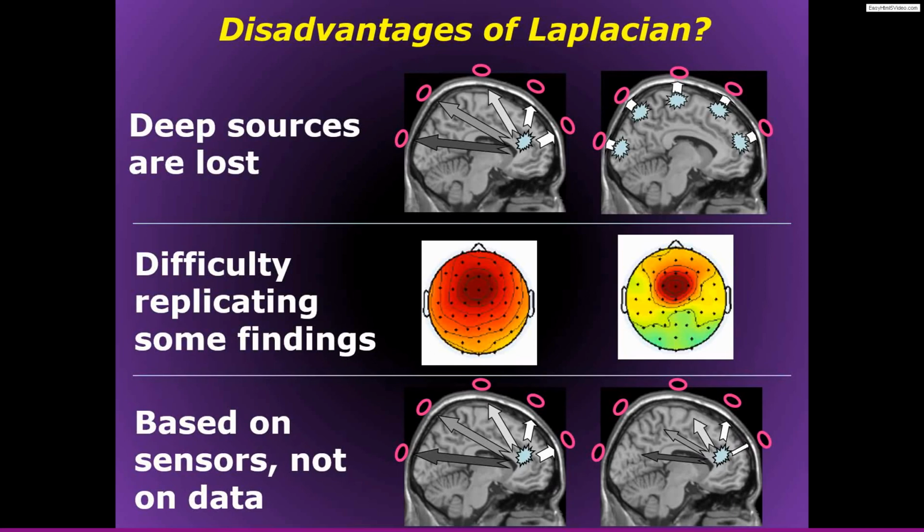Another limitation of the Laplacian is that the algorithm is purely based on the inter-electrode distances. It's not based on the actual data. In theory it would be nice to have a method that would change the characteristics of the spatial filter, not only according to the electrode positioning, but also according to what's actually happening in the data.